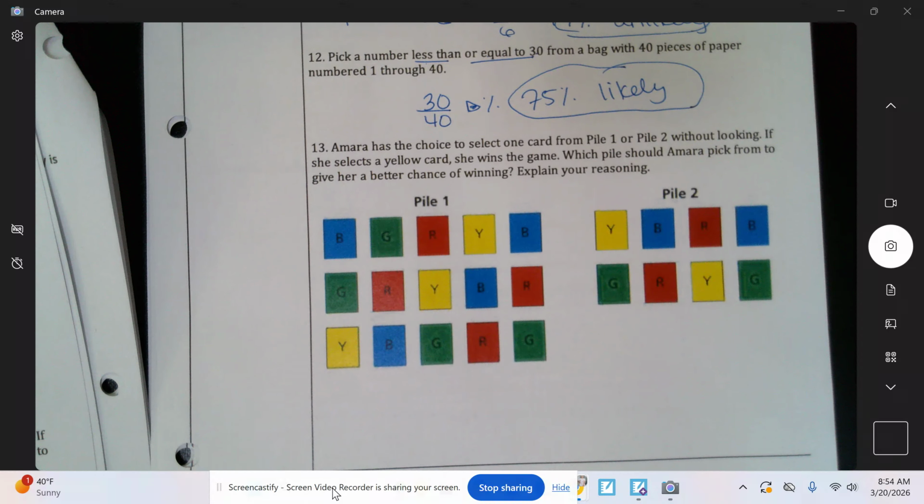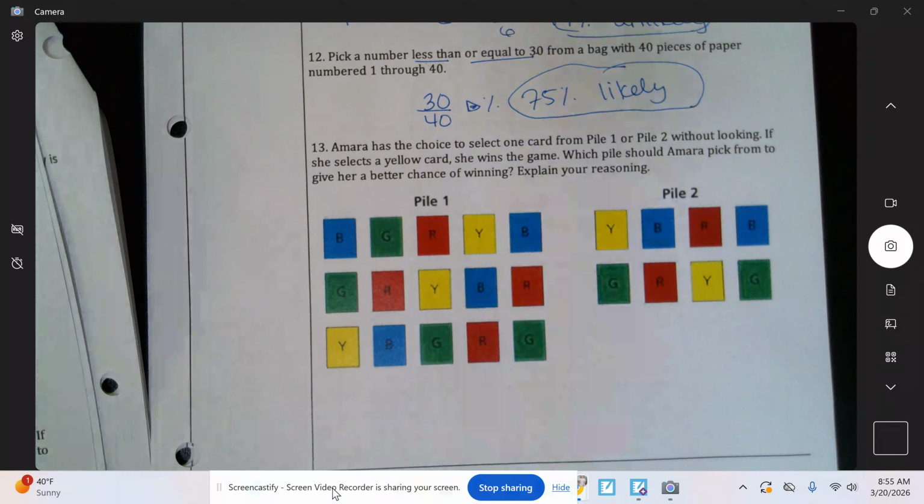Why? Because there's fewer cards than pile 1, and there's a better chance of pulling one. There's only 3 yellows and 4 of every other color. Three yellows. You have less chance of getting a yellow than pile 2.